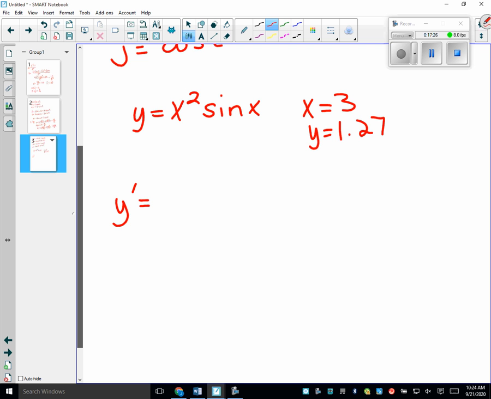So product rule is first times derivative of second plus sine x times 2x. I'm going to pull the 2x out front, because the 2x is not part of the angle, is it? No. And I don't want to get it confused. Do you agree?